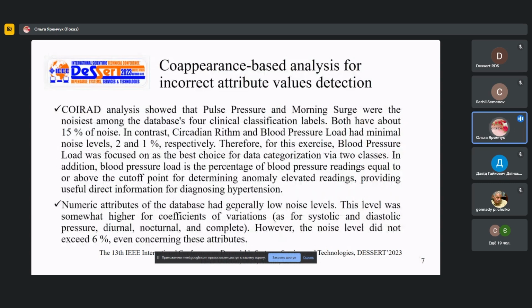Additionally, the analysis highlights noisy attributes, with pulse pressure and morning surge being the noisiest, while circadian rhythm and blood pressure load have the minimal noise level. Co-appearance-based analysis was applied to identify questionable values for both nominal and numeric attributes.